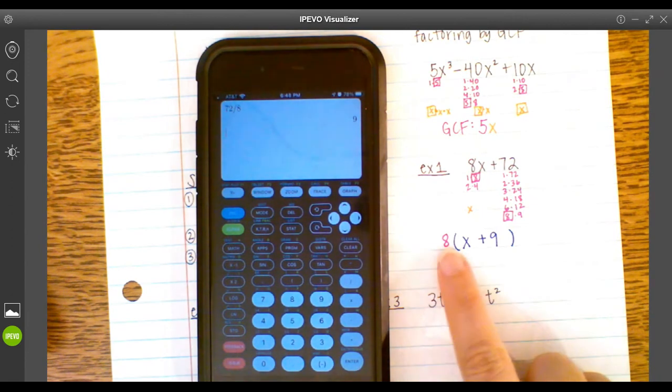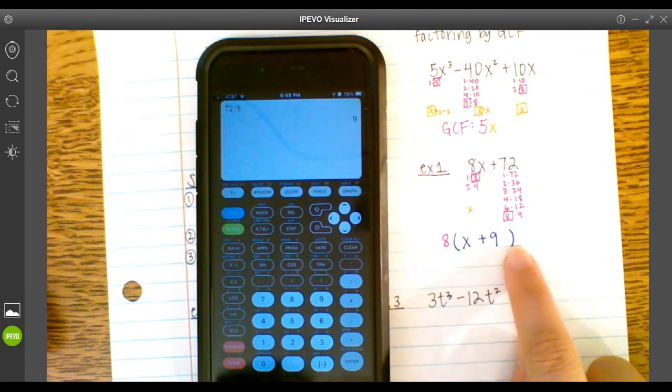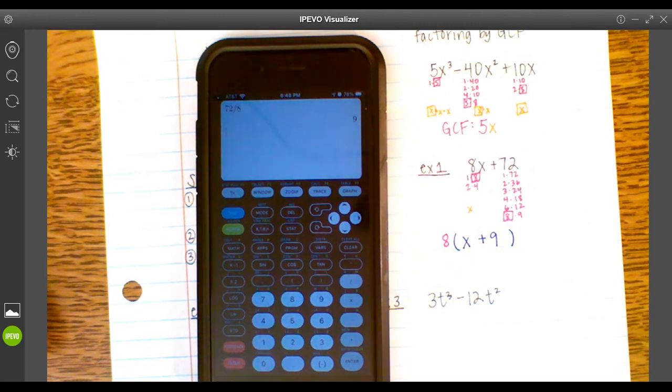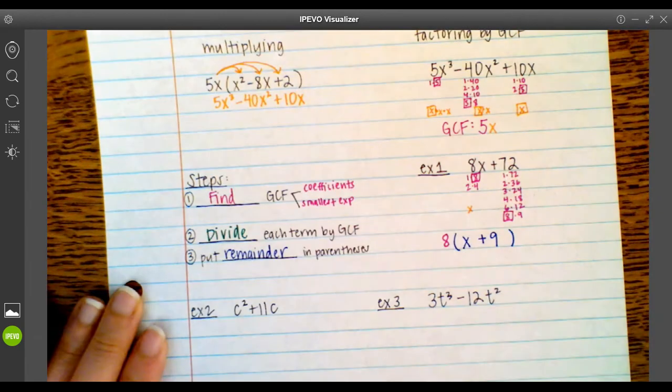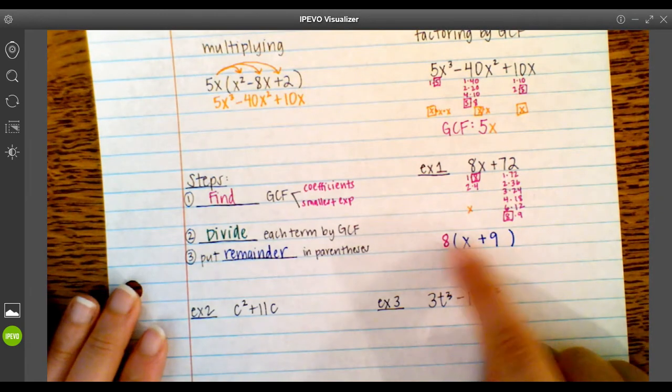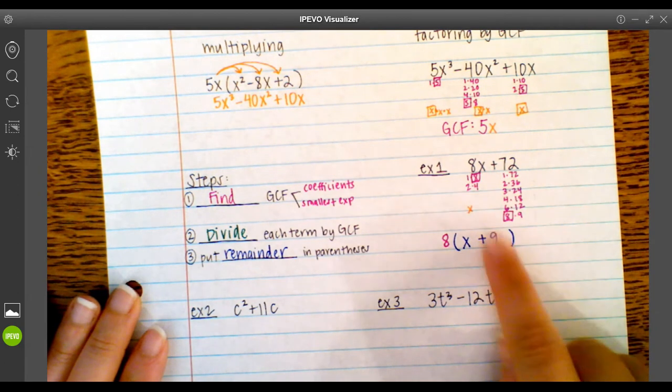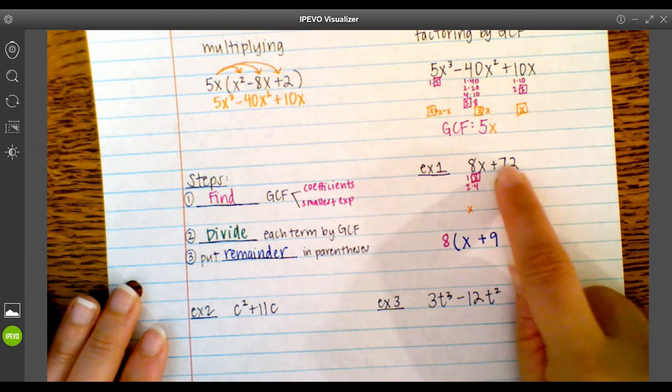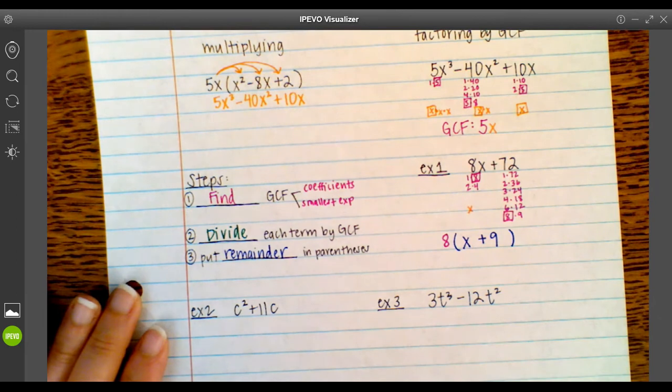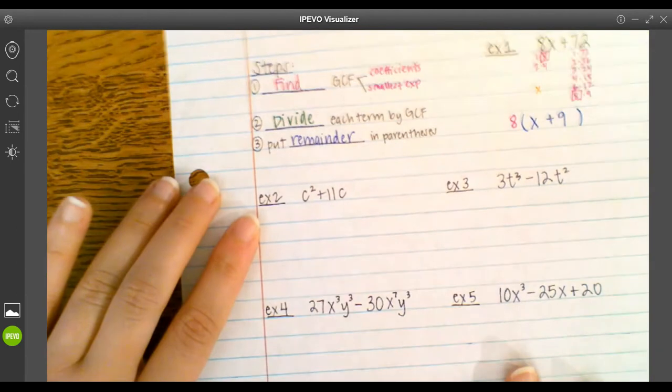Your factored form will have the GCF on the outside and whatever remains on the inside of your parentheses. Now to check yourself, you can distribute this back. So 8 times x is 8x, and 8 times positive 9 is positive 72. You have factored properly. All right, now let's take a look at example 2.